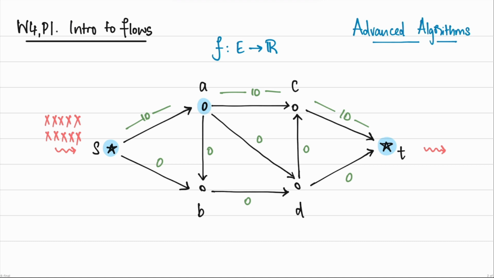Well, it turns out that it may not always be feasible to push flow in this fashion. So for instance, if we continue with the idea that this graph models a road network, you might be aware that roads have different capacities for how many vehicles they can carry simultaneously.